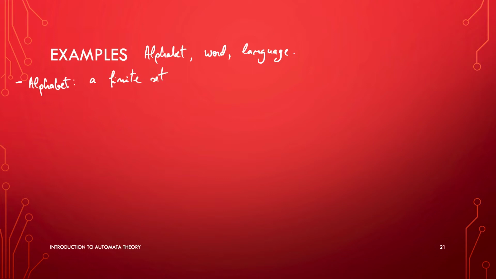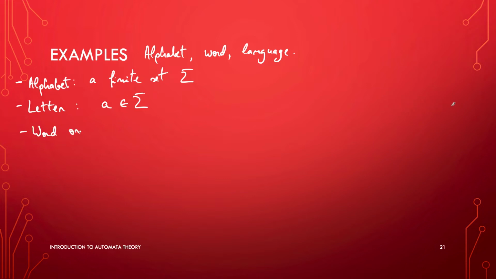Very often we are going to use the letter sigma for an alphabet. An element of an alphabet is going to be a letter. And then we are going to have the notion of words.